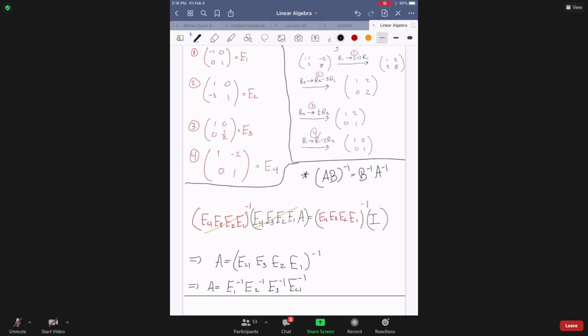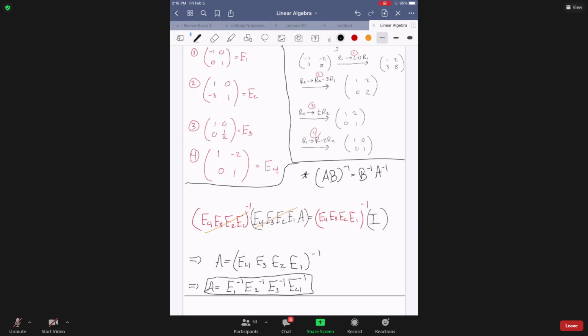Okay, so now each one of these is an elementary matrix, and their product is also an elementary matrix as a result. So this is literally how you get this. Now, key point. Remember that theorem I said, a matrix is invertible if and only if it's a product of elementary matrices? Why did this work?